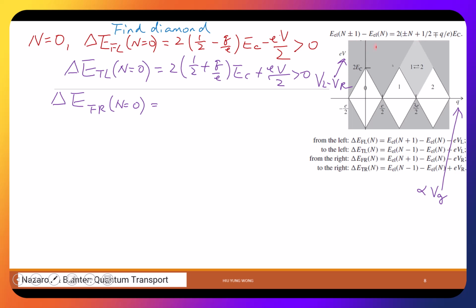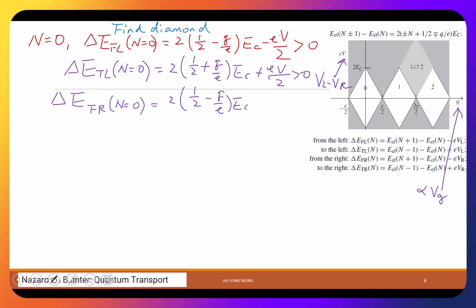First of all, n is 0, so half, and then minus Q over E because we get an extra electron into the well, so this will be minus Q over E times EC.